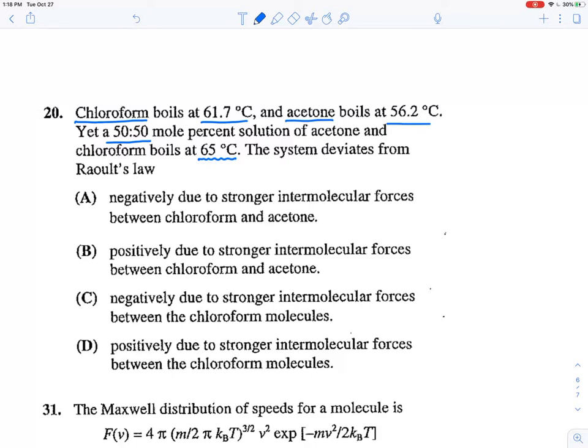So what's going on? Essentially, chloroform and acetone attract each other, so it's more difficult to boil when they have an attractive interaction. In other words, in the regular solution theory, the psi value is 0.